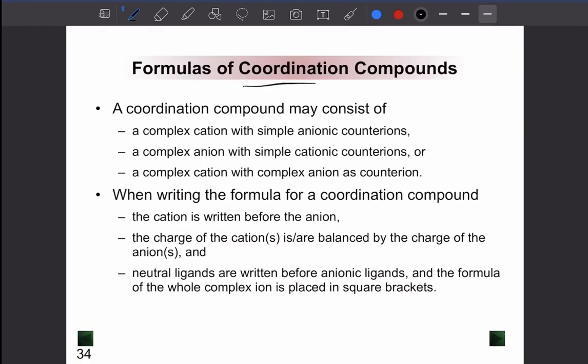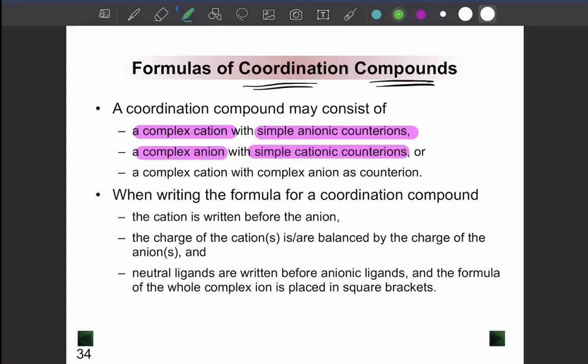Now, how do you write the formulas for coordination compounds? A coordination compound can consist of a complex cation with a simple anionic counterion, or it can consist of a complex anion with a simple cationic counterpart, or a complex cation with a complex anion as the counterion.